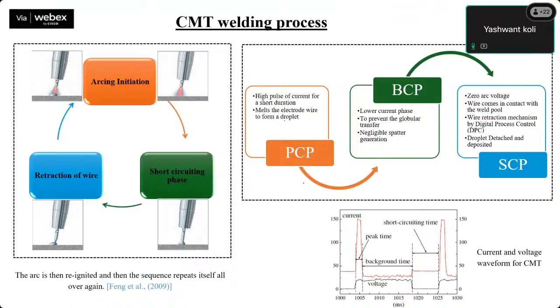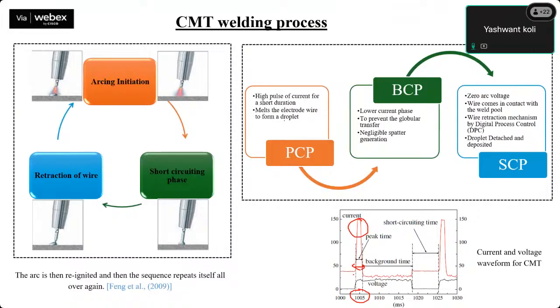The peak current phase, PCP, is the first current phase in the CMT process. Then comes the background current phase, BCP, and then the short circuiting phase, SCP. In PCP, a high pulse of current is given for a shorter duration. You can see here, only for this much time, this high peak current is given.